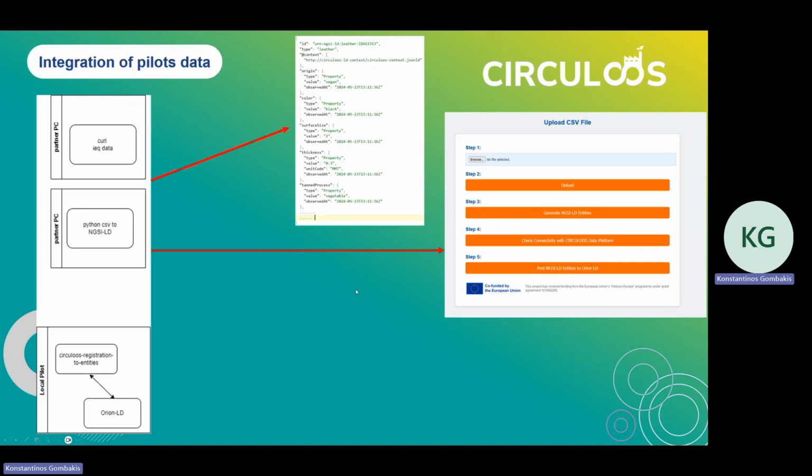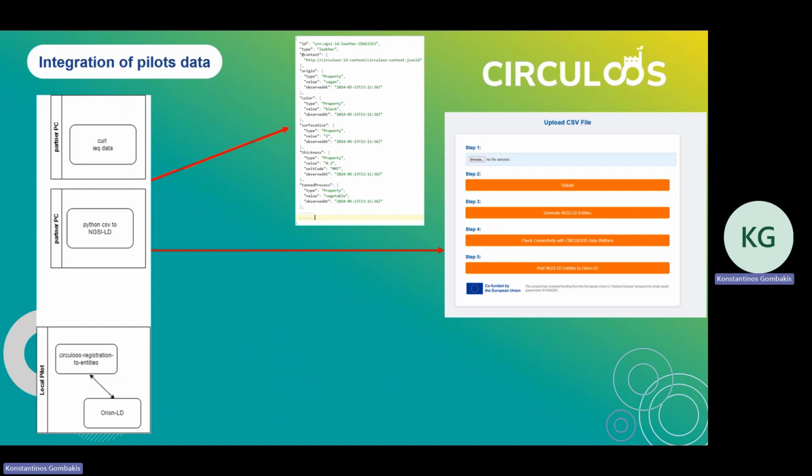If you want a lot of other functionalities, you can use the federated scheme that we have developed. So you can generate all your data and use the CIRCULOOS Data Platform for all your data, and use a component that we have developed called CIRCULOOS Registration to Entities, where you can specify what type of data you want to be pushed to the CIRCULOOS Data Platform.